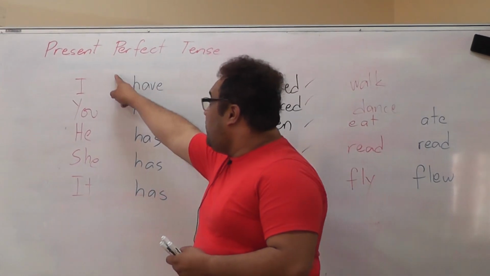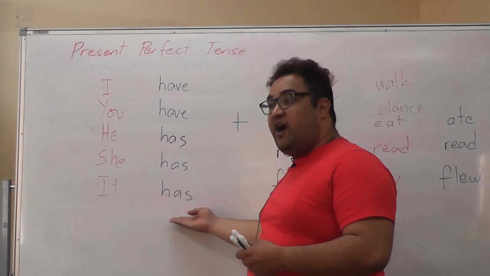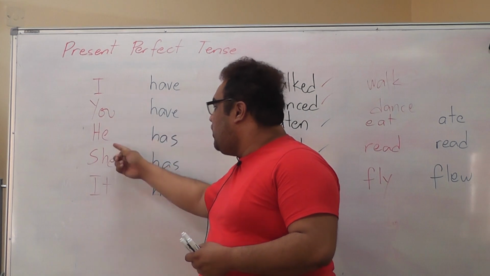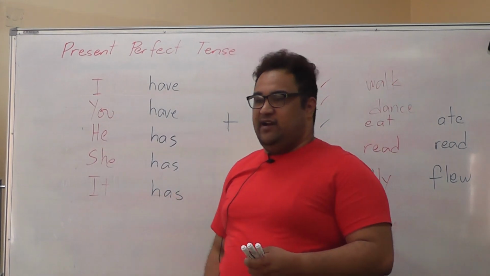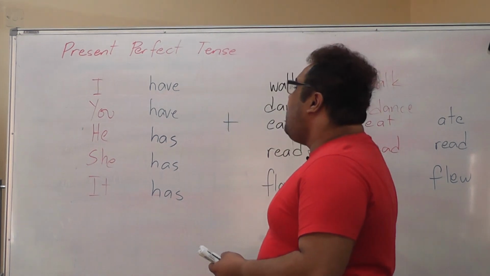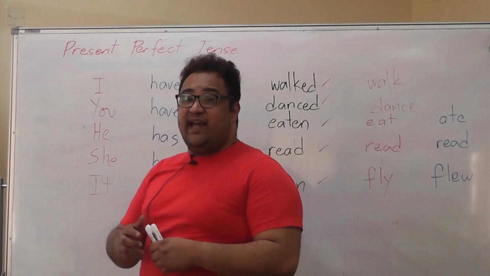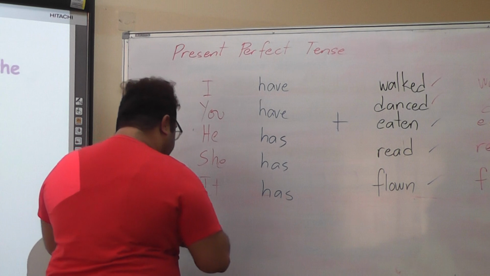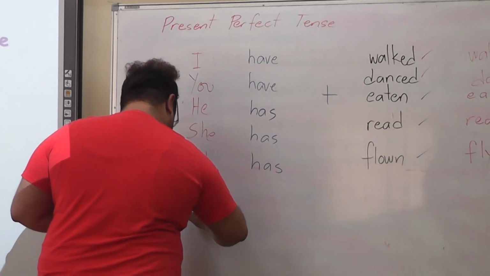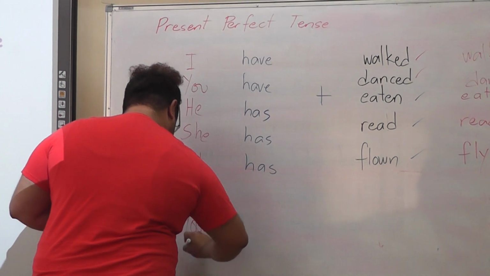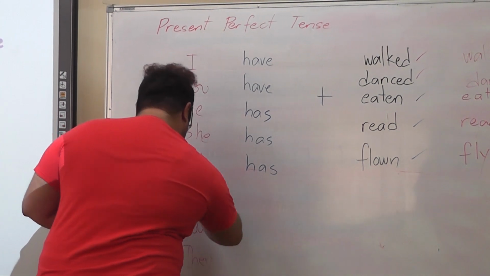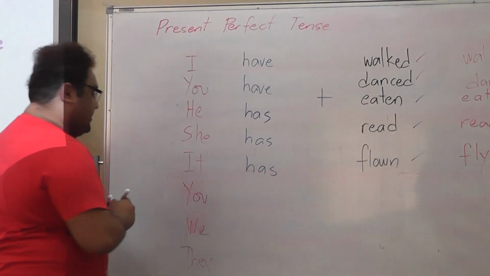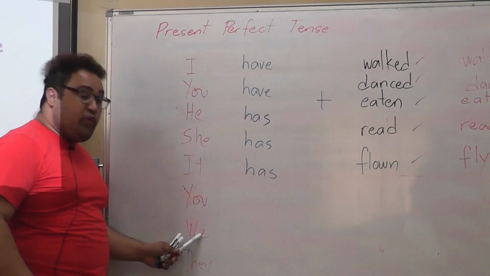Take note that we are still focusing on the singular subjects like I, you, he, she, and it. How about for the plural subjects like we, they, and the plural you? Well, let us add here the plural you, we, and they.